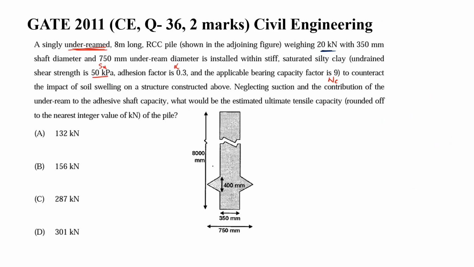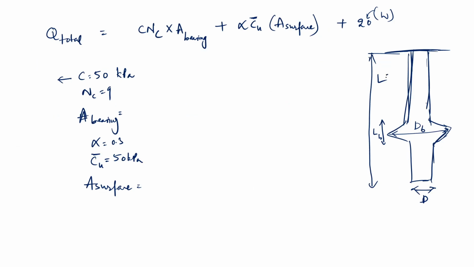The total length is 8 meter and the length of the bulb is 400 mm, that means 0.4 meter, right?